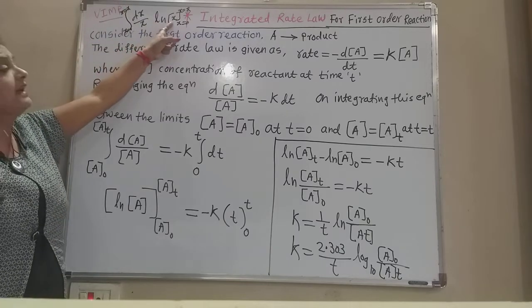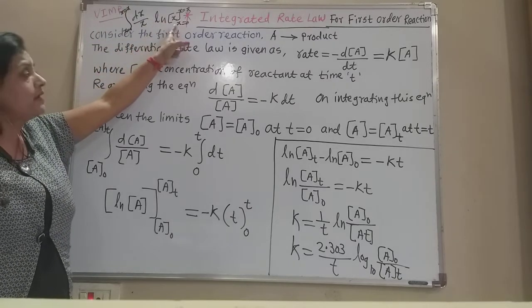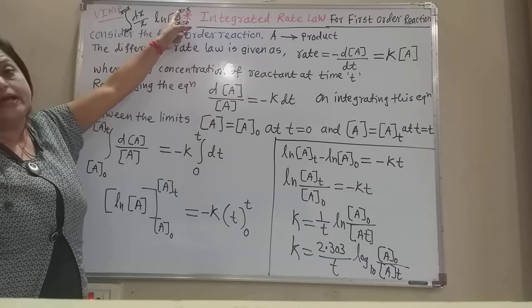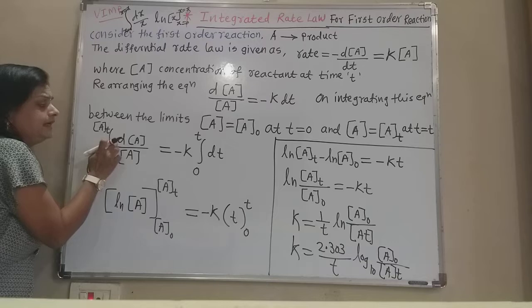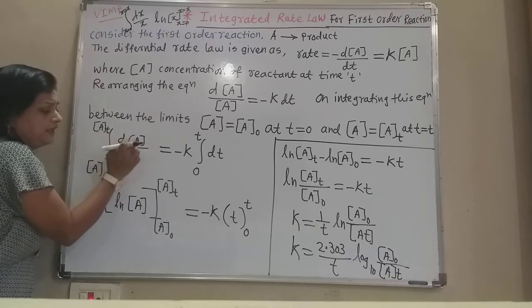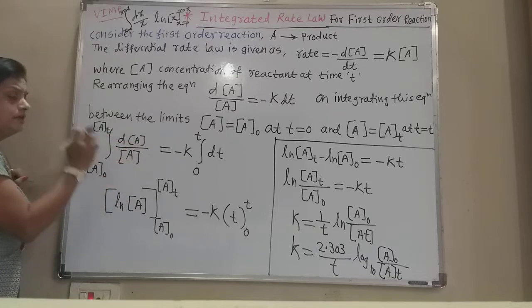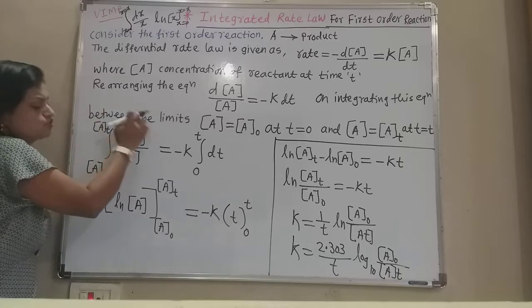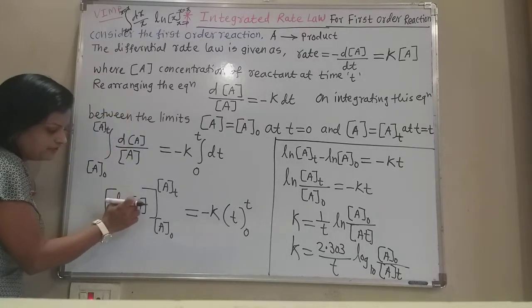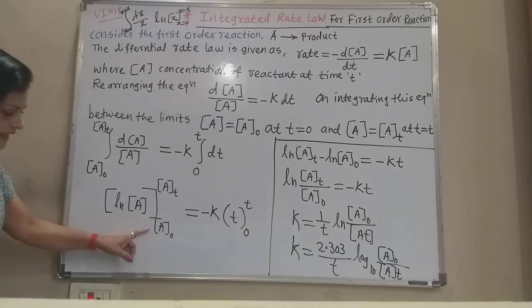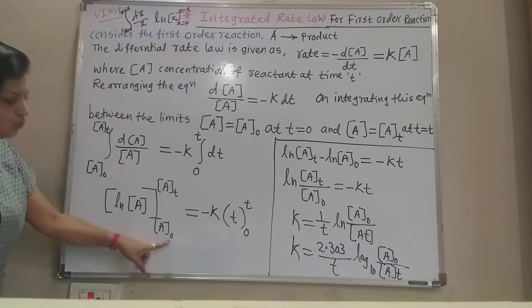Now this is the rule of integration. Similarly here, the integration of dA upon the concentration of A is ln of the concentration of A from the limit A0 to At.